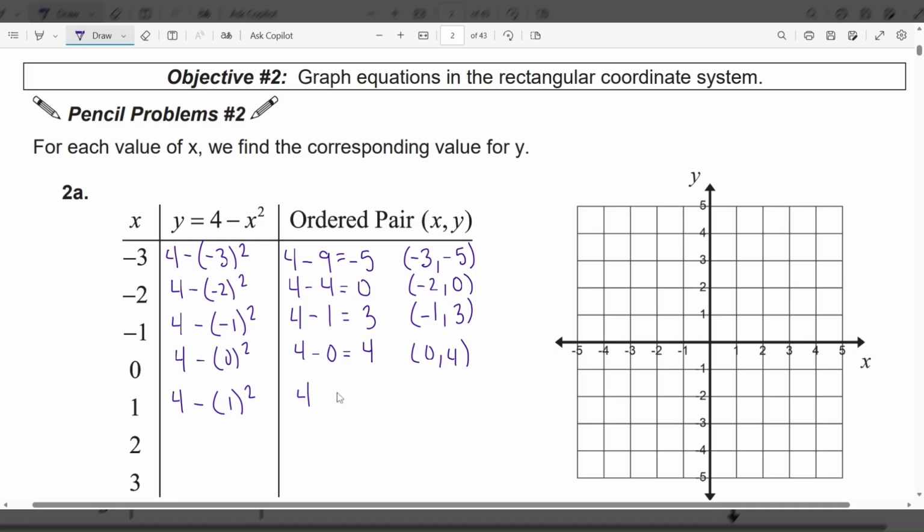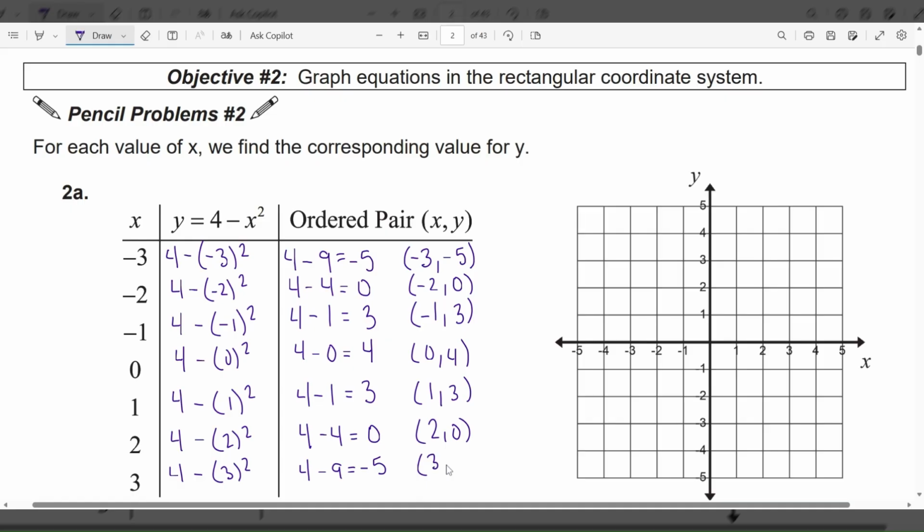So 4 minus 1 squared, which is 1, gives us 3, which is the ordered pair of 1, 3. 4 minus 2 squared. 2 times 2 is 4. 4 minus 4 gives me 0, which gives me the ordered pair of 2, 0. And then 4 minus 3 squared. 3 times 3 gives me 9. So 4 minus 9 gives me a negative 5, which gives me the ordered pair of 3 and negative 5.